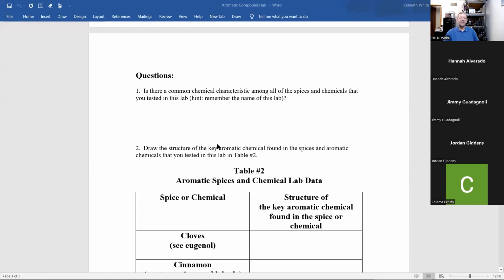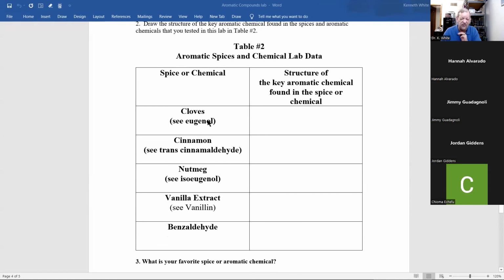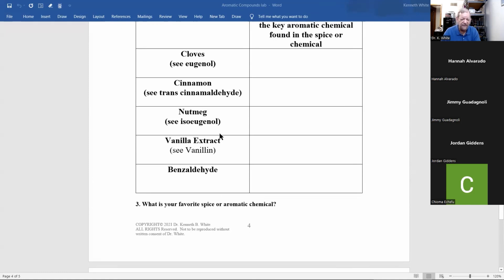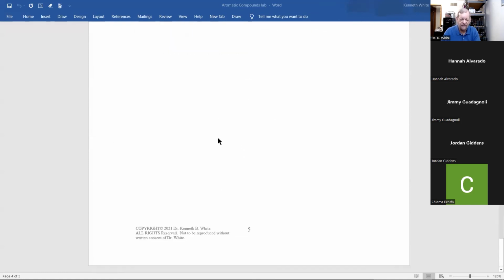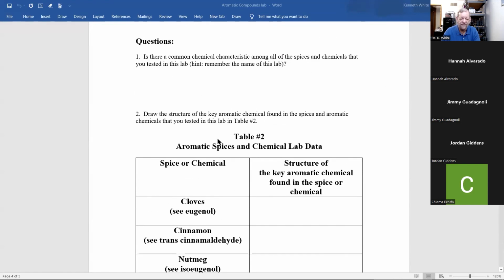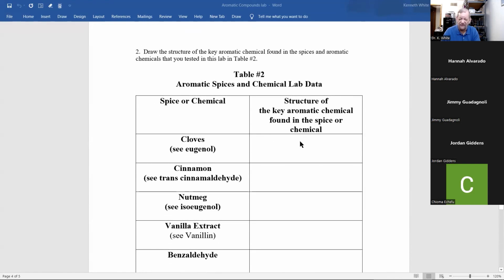Now, here are some questions. The first question is, is there a common chemical characteristic of all the spices and chemicals that you tested in this lab? And down here, I asked you to draw the structures. Right here.